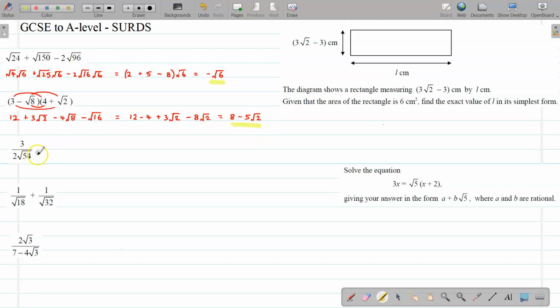Okay, next one. To get this answer here, I have to do something called rationalizing the denominator. Now, I multiply this whole fraction by root 54 over root 54. By the way, putting that little dot is just a shorthand for multiplying the two together.